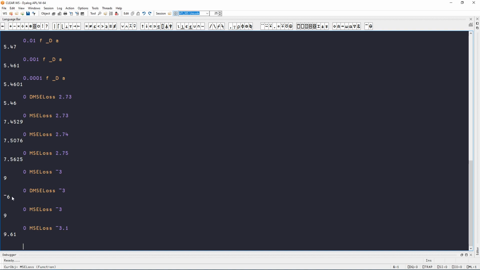So what this shows is that the derivative points in the direction that I should follow if I want to increase my loss. And so in reverse, if I go in the direction that is opposite of what the derivative tells me, then the loss function decreases. Notice here, at 0 and -3, the loss was 9.